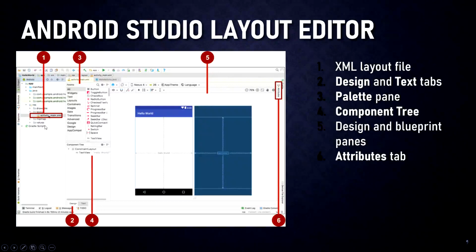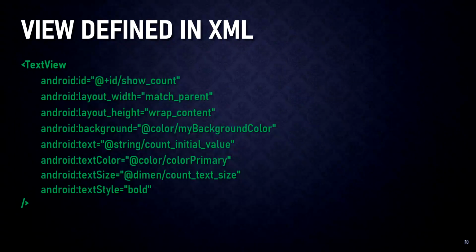When you click on this, at the very bottom there are design and text tabs, right? There, you just switch to the design part so that you can get all these palettes. You can just drag and drop from here, from this component tree, and create your own view or layout, whatever you like to do. This is one way to create views and layouts.